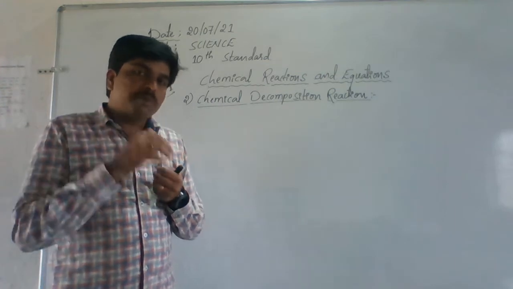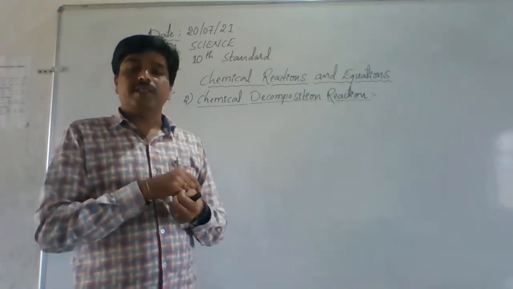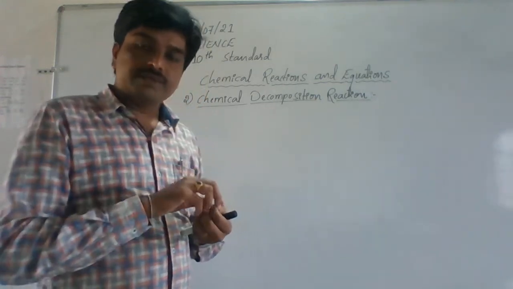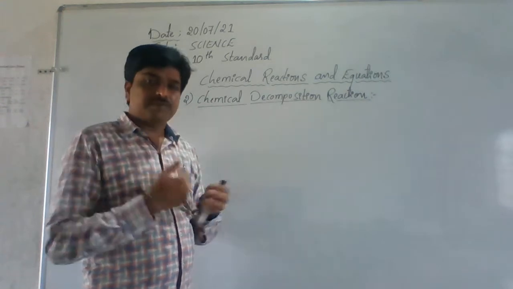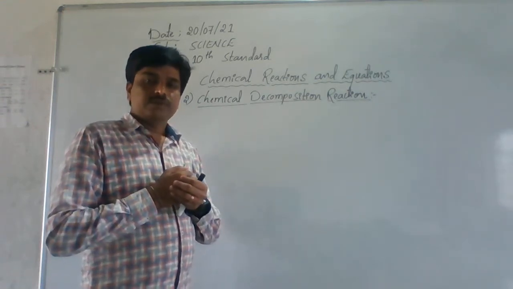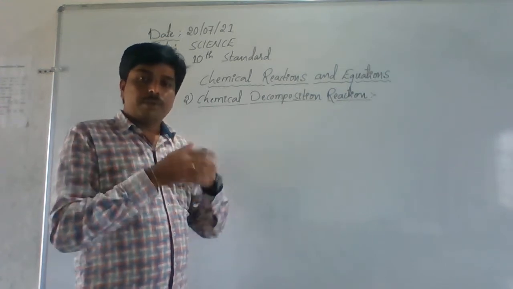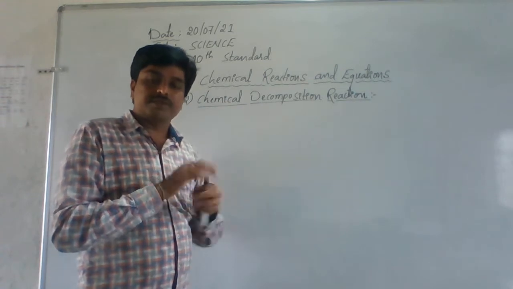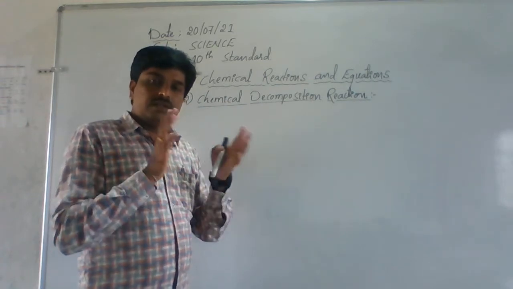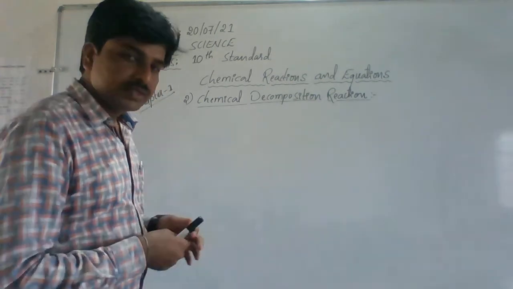What happens actually in combination reaction? Two or more reactants combine together to form only one product. Yes or no? But here it is totally opposite of that. So one reactant or one compound breaks down to form many substances, many simpler units. Understand? Let's see with an example.